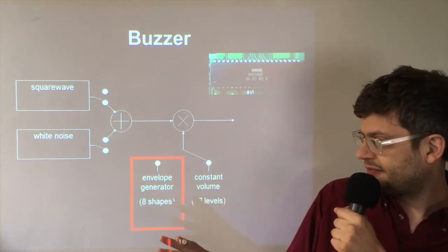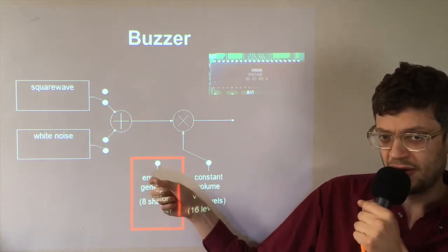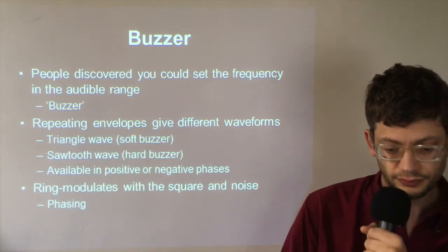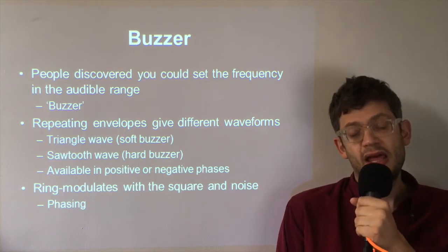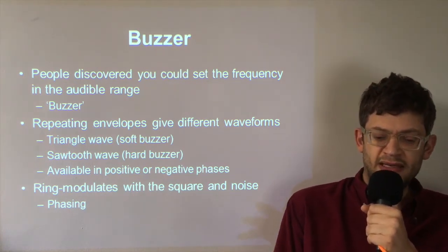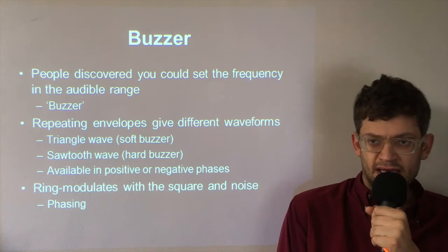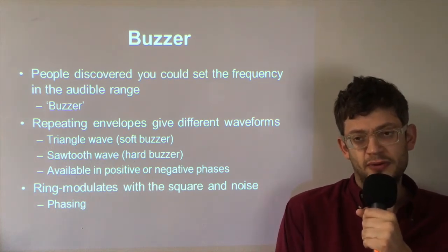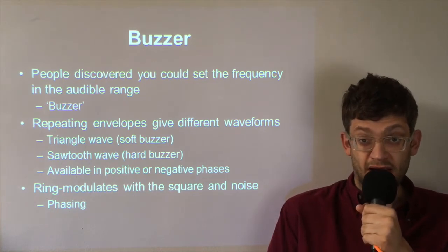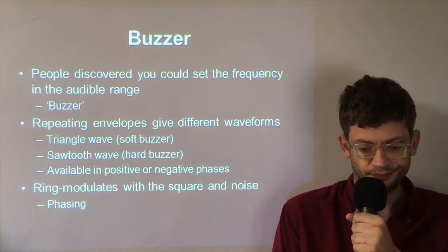But today we're covering the envelope generator, aka the buzzer. People discovered after some time that you could set this envelope generator in the audible frequency range, and the demo sceners at the time called it the buzzer. Actually, we still call it that.